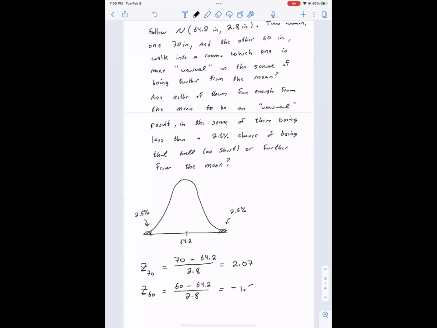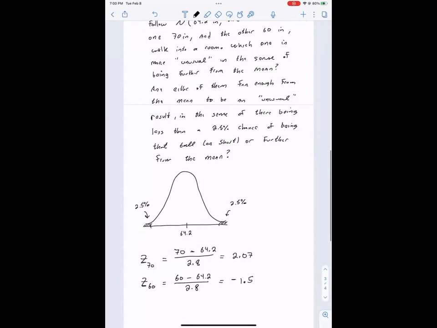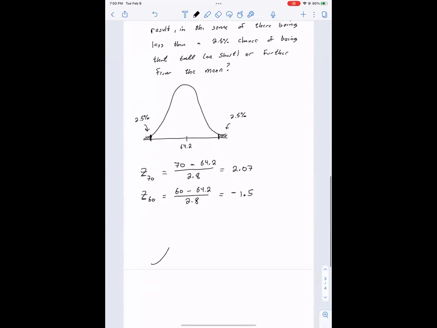So what's the cutoff on either side of a Z distribution to be in the outside 2.5%? At least approximately. This is standard from last time. 3 standard deviations? Not 3, 2.